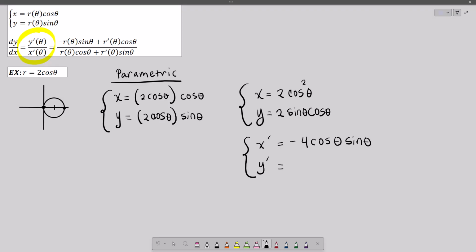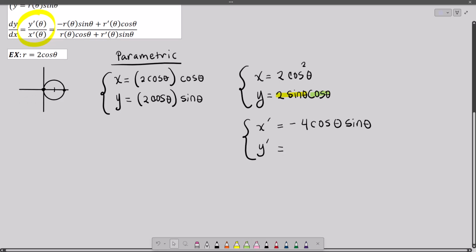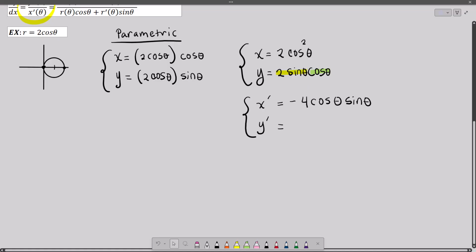Now for the second one, we have to use the product rule. So we're going to think about this as first function and think about that as second function. Now if you wrote it as sine of 2 theta, that would actually be easier to differentiate because then it would just be cosine 2 theta times 2. So you could do that, but let's just suppose that you can't always do that. So let's do this as a product rule.